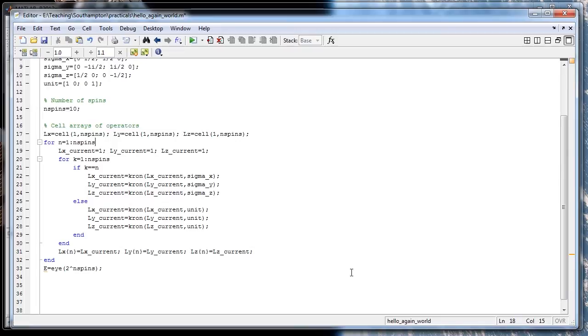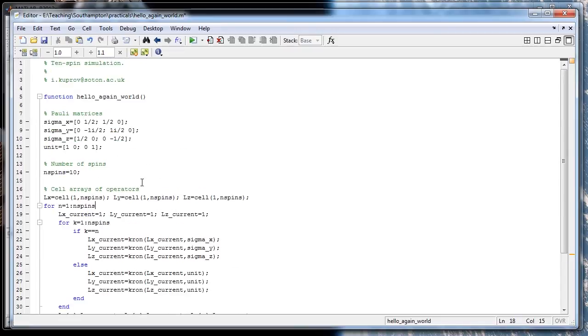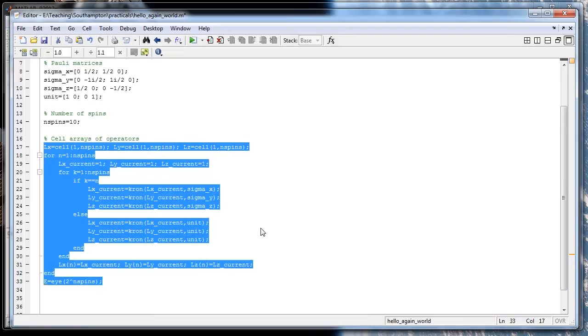Right, so you see what we've got now. We've got a reasonably well arranged code where we either have comments written out explicitly what the block of the code is, or we have reasonably descriptive names for everything.